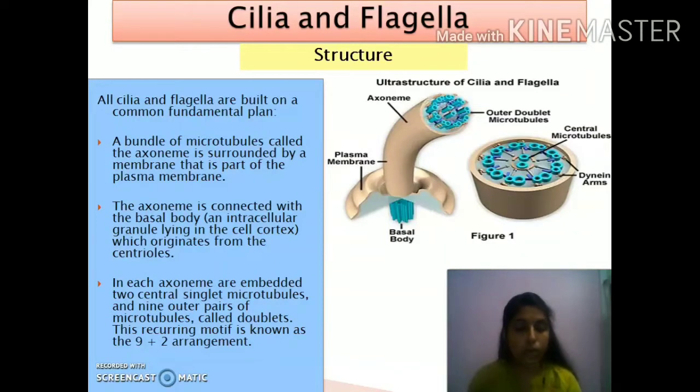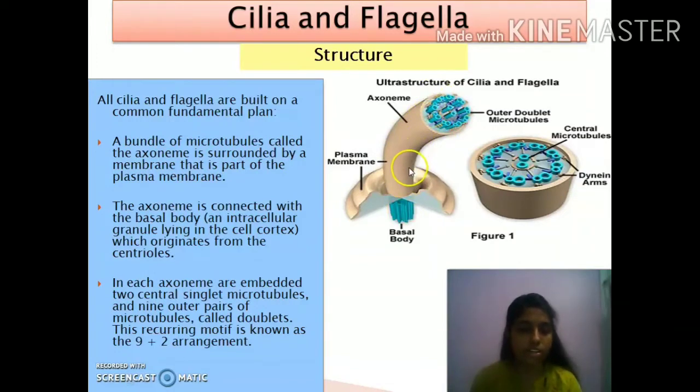Now, both the locomotory structures, cilia and flagella, are made up of microtubules, which make up their basic anatomy. So it is a bundle of microtubules, not a single microtubule, called the axoneme. This entire structure is called the axoneme.